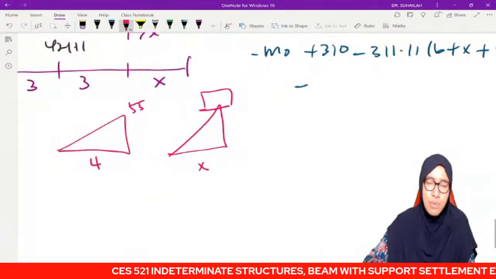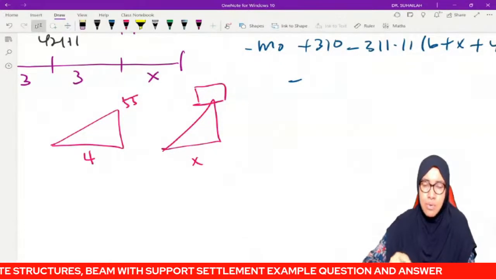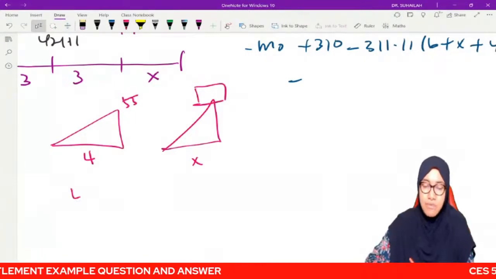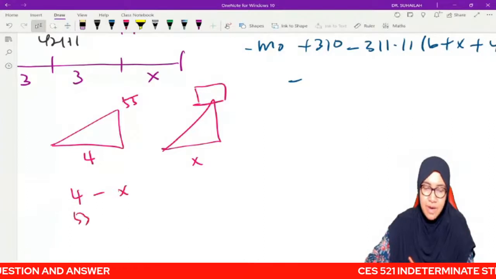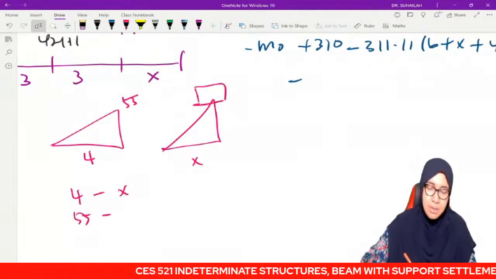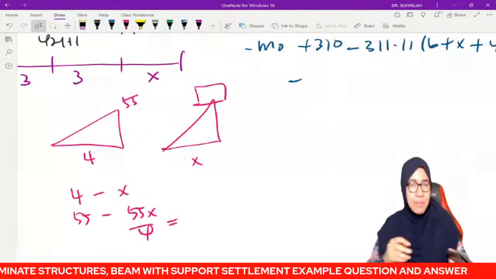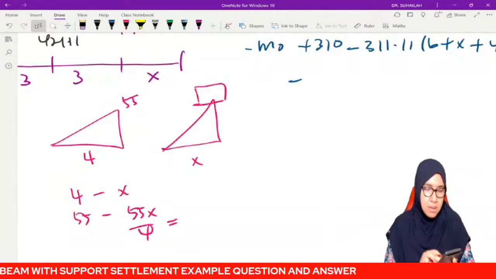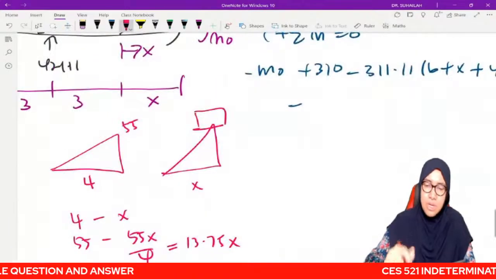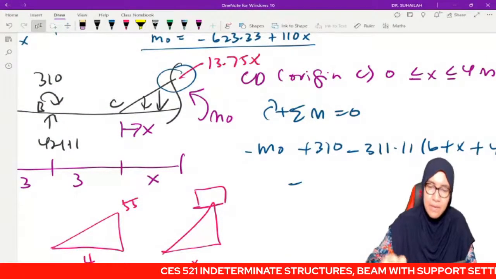So we have to interpolate. 4 is equivalent to x, so 55 is equivalent to, this is called interpolation, 55x divided by 4. We get 55 divided by 4, which is 13.75x. So the value here is 13.75x.